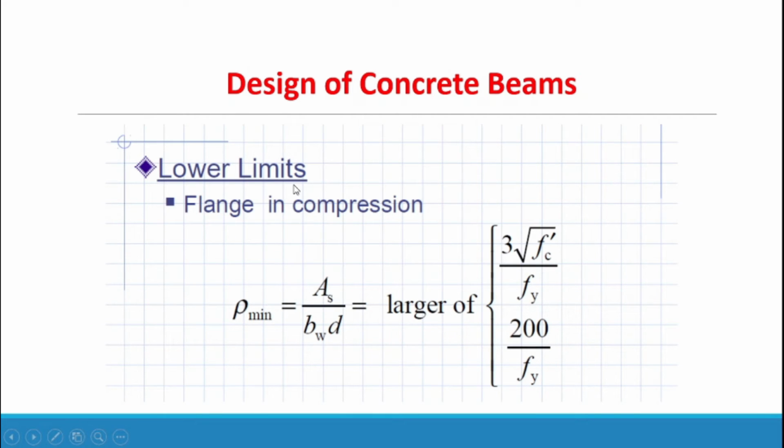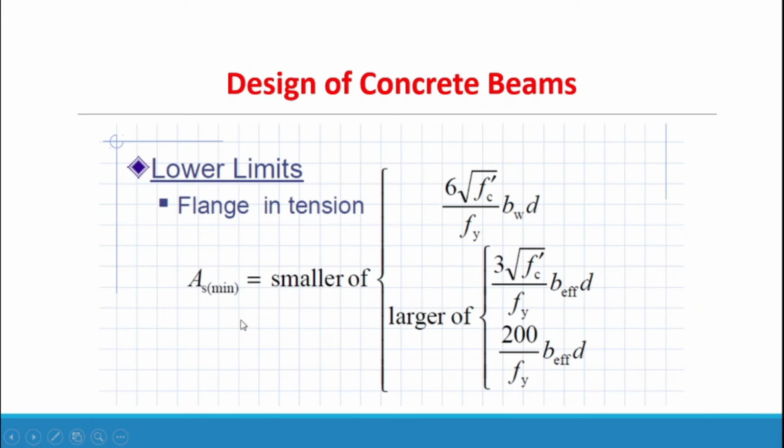And for the lower limits, flange in compression, we have rho minimum is equal to A sub S all over BWD, equal to the larger of 3 square root of fc prime over fy or 200 over fy, whichever is higher.